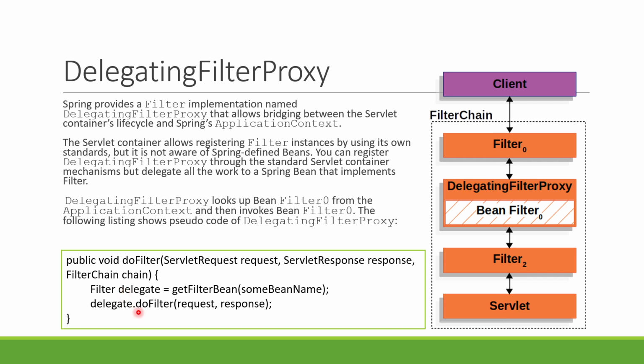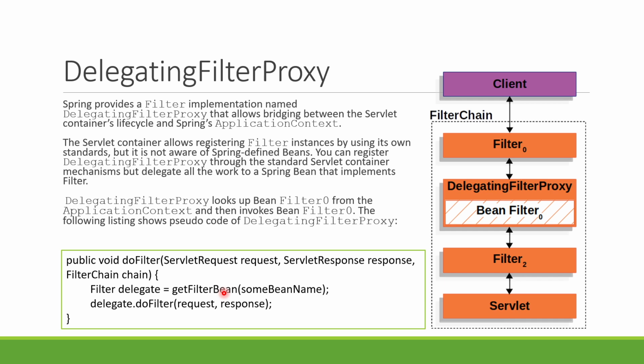Another benefit of the delegating filter proxy is that it allows delaying looking up the filter bean instance. This is because the container needs to register the filter instances before the container can start up.